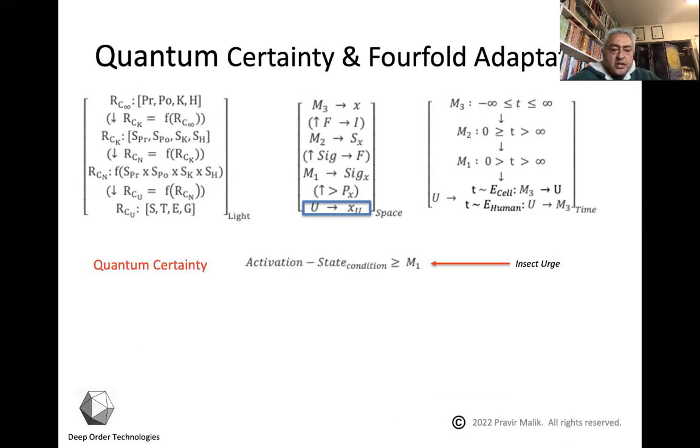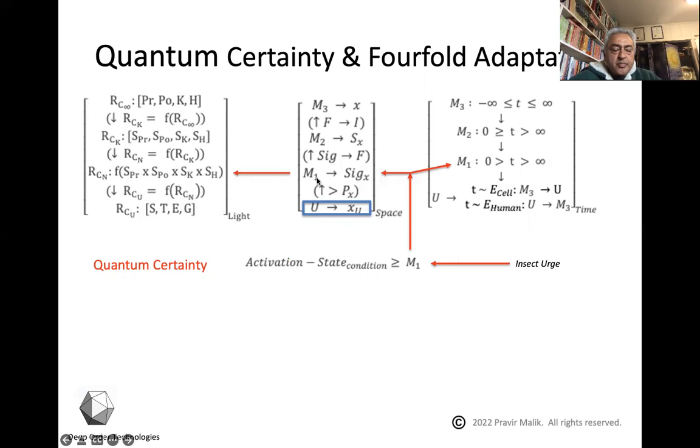Now, if that urge is strong enough, it can create a state of quantum certainty, because it can, in a sense, open a quantum window into layers behind the physical apparent layer and activate dynamics that exist at deeper layers within the space and time matrices.